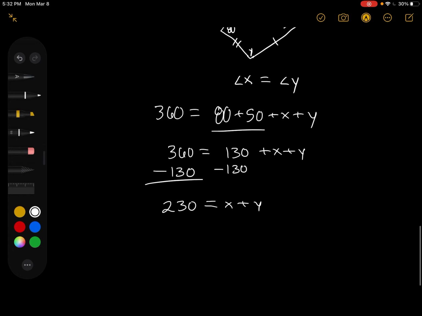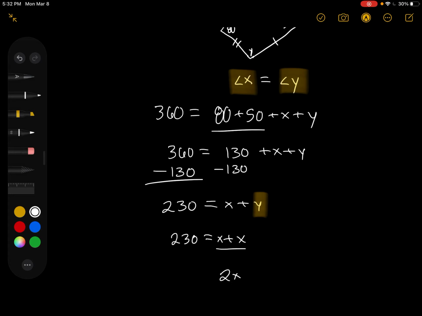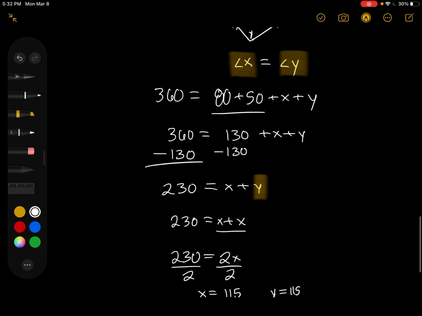I got 230 here, X plus Y here. And then the last thing is we know that X equals Y. So we can take this Y out and put an X in its place. So 230 equals X plus X, or we can just say that that's 2X. And then the last step, divide everything by 2. So X equals 115. And if X equals 115, then we know that Y equals 115.